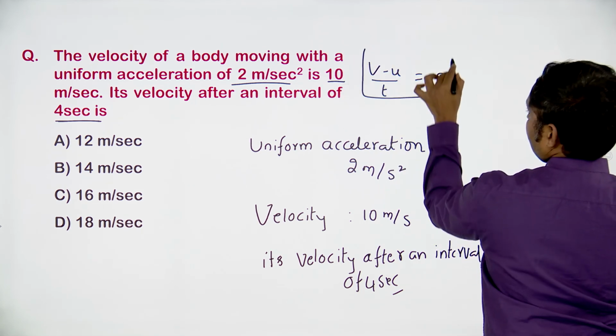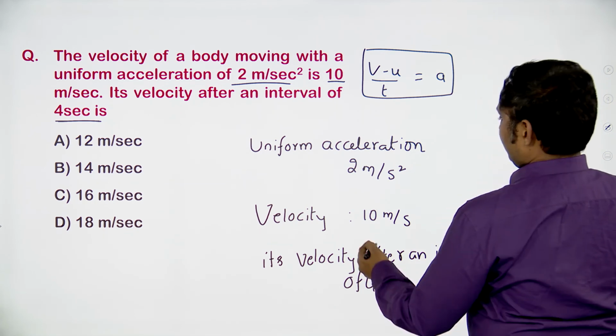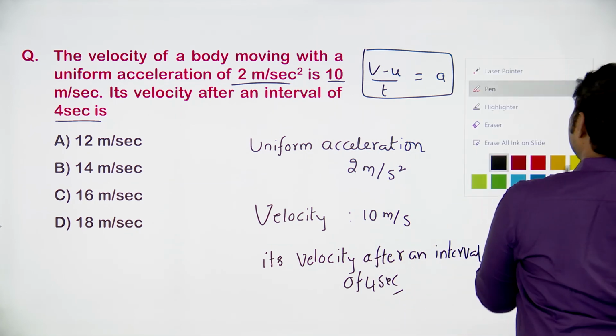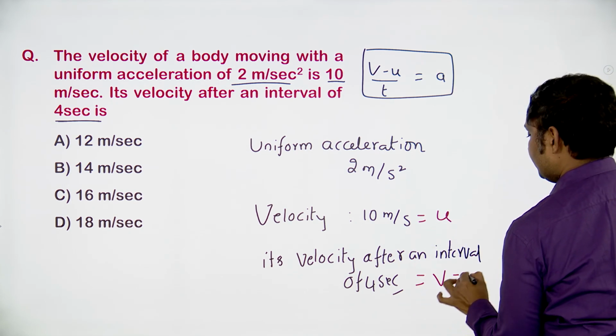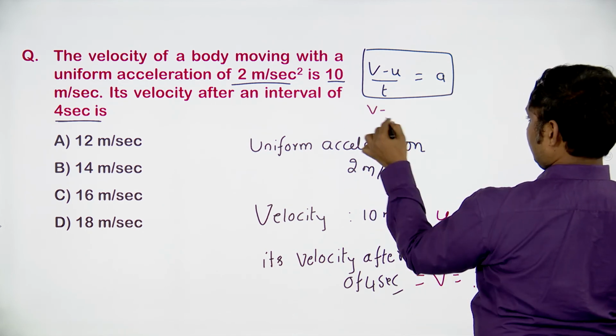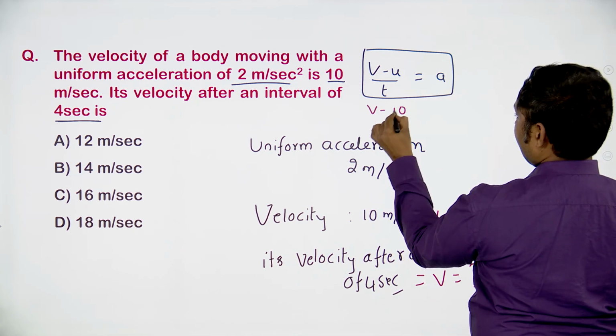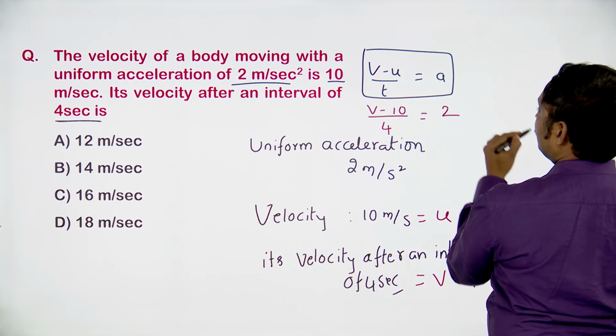This is the basic relation, you know very well about that. This is going to be U, so this is going to be V, that is equal to question mark. So V is equal to 10 plus what about T, 4, and A, 2.